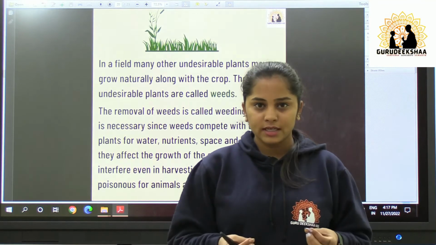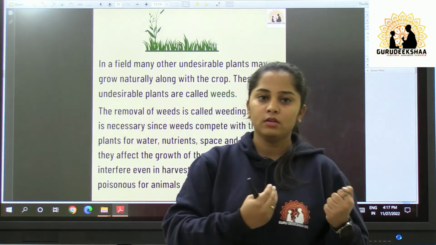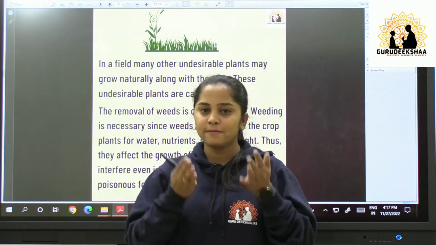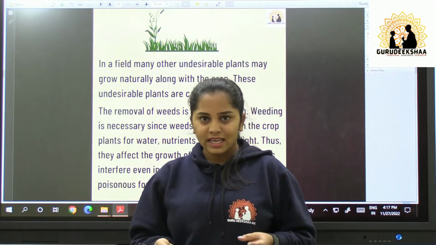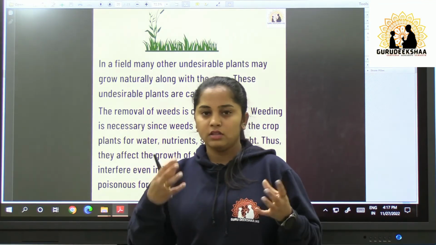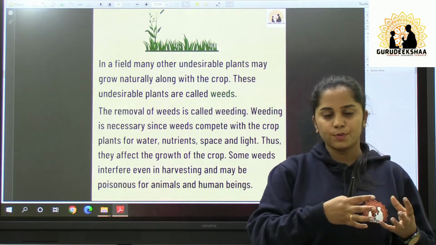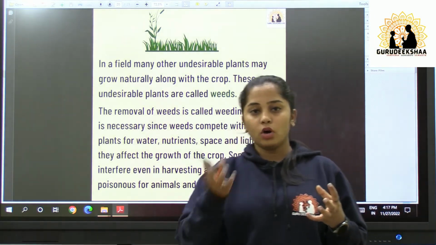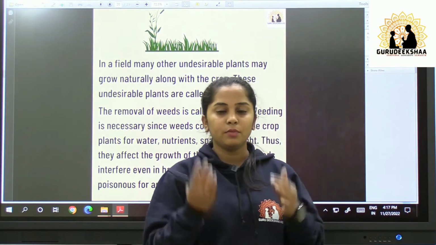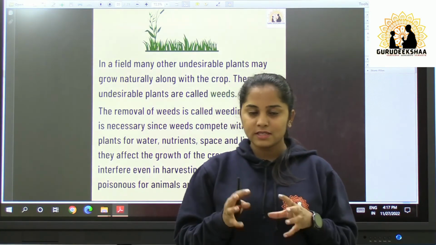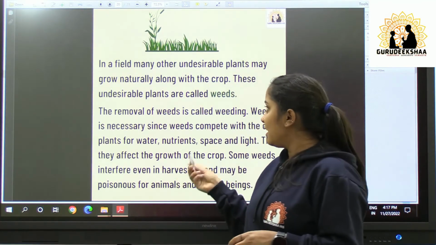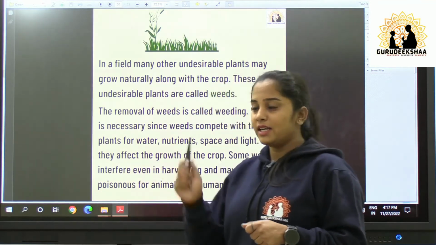When it comes to nutrients, all the nutrients are taken by the weed. Again, the production of the crop is affected. Water, again, is the same thing. These weeds take up all the water which is needed for the main crop. Again, the main crop is affected. So these are the effects of weeds, which have to be cut down.